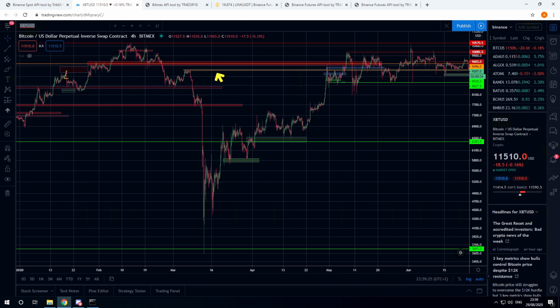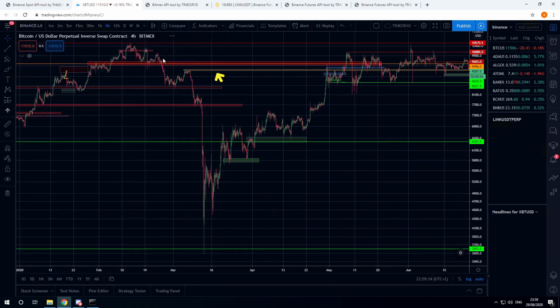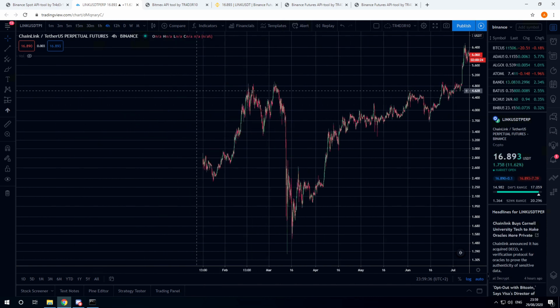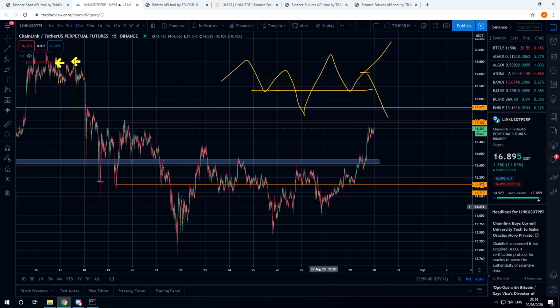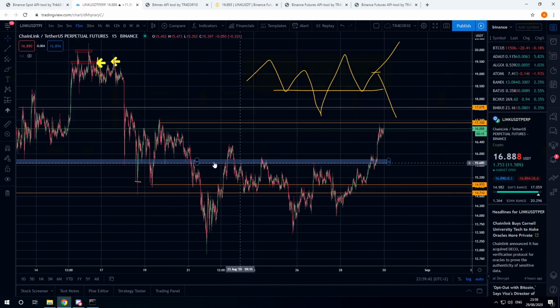You need to make sure you understand which levels are making the patterns. And when you come back to the link again, the patterns, they are not random, so they form around other levels. So this formed around this 15.7 zone, and also the failure here.